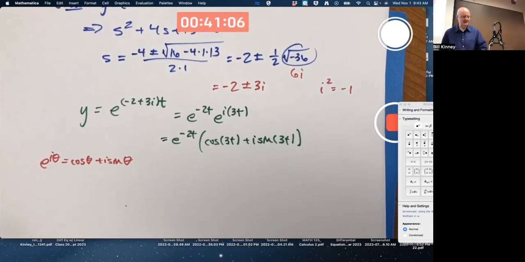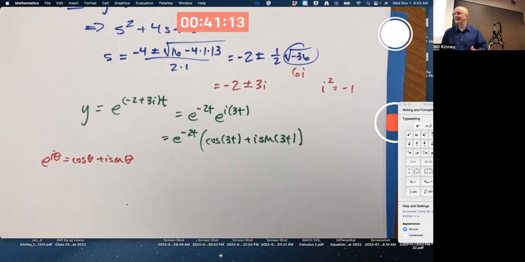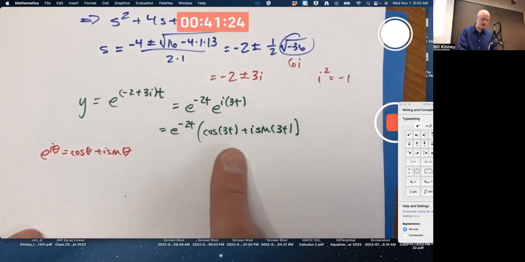If you remember the Taylor series for e to the x, cosine of x, sine of x, and assume that it works when you replace x with I times theta, you can verify this. It's kind of a magical type of thing. It's kind of fun. We're just using it here now with theta equal to 3t.